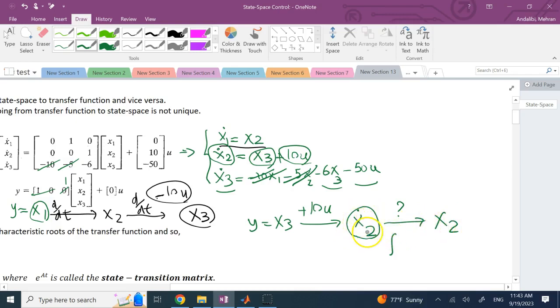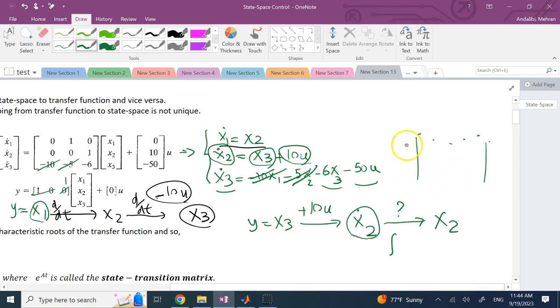So if I give you some numbers and I ask you to take derivatives, you can do that by forward, backward, or central derivative. But if I give you a bunch of numbers and I say, give me that x2 as a function of time or at a specific point, you might not be able to do that, because the integral under the x2 dot is going to give you change in x2.